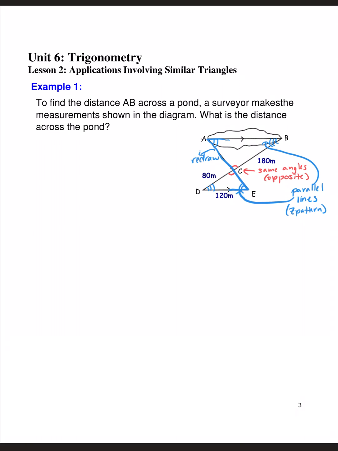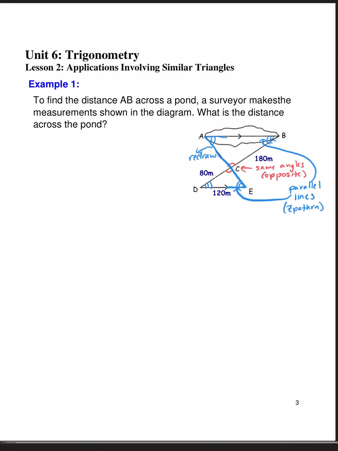Just think about if you were to take ABC and turn it so that AB ended up down here and C ended up on top, so that it was oriented the same way as triangle DEF. I would end up with A here, B here, and C here. The same idea, we can draw those angles. We can see angle C is the same, angle A and E are the same, and angle B and D are the same.